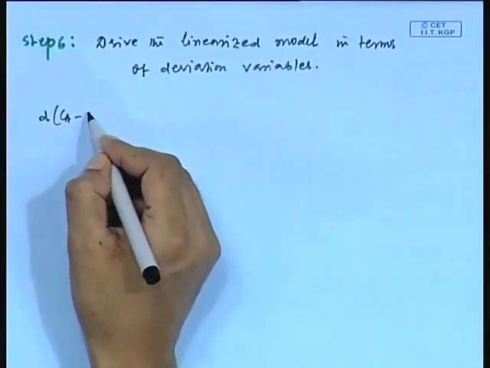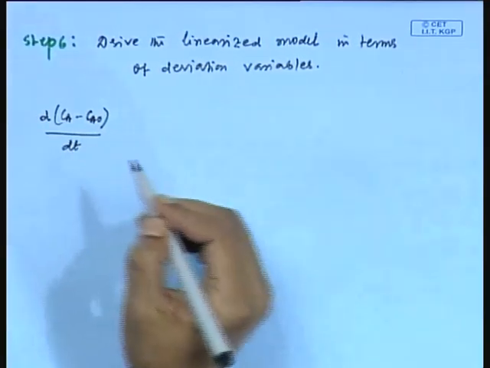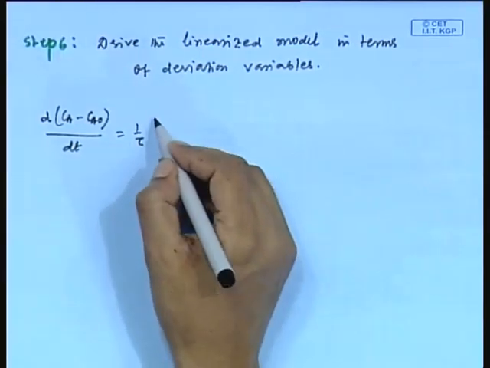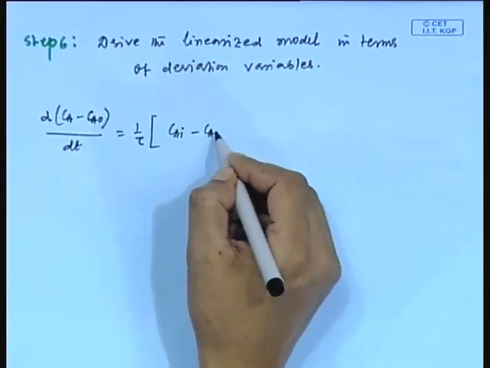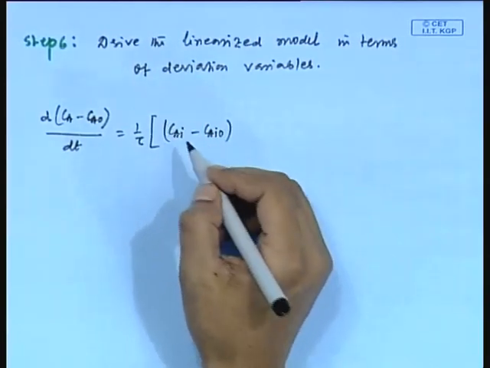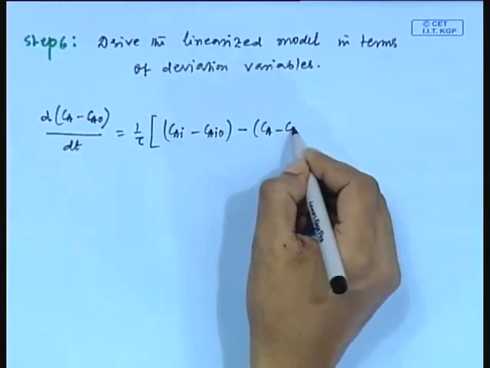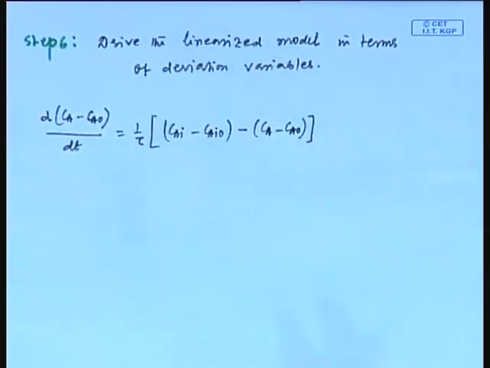I am writing those two equations. So, one is d(C A minus C A naught) dt equal to 1 by tau, C A I minus C A I naught. Next one is C A minus C A naught. Fine.